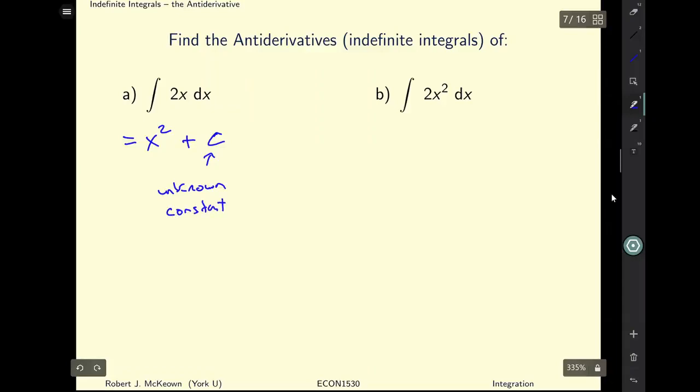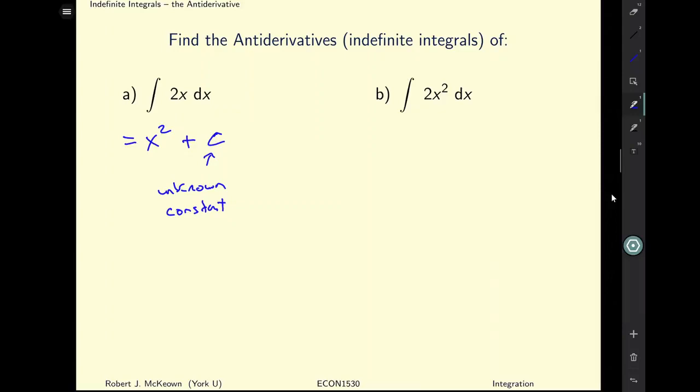I don't want to forget that. And just keep in mind, if you forget it on a test, you will lose marks. I remember when I was an undergraduate learning integration, on the test I would always forget the c, and I always lost marks. But you have to remember the c, make sure you put down the c, and you remind yourself that there's always this constant term that we can't be sure of.